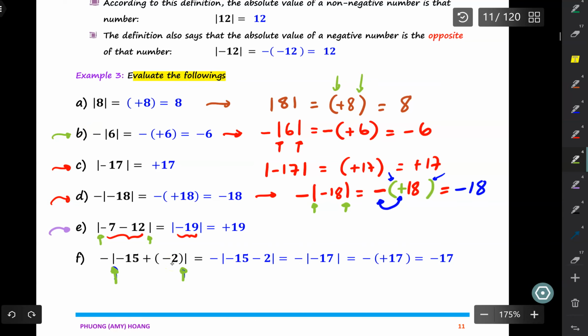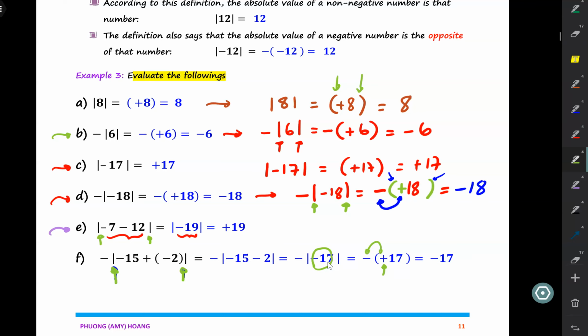What I will do is, you see, positive, negative, make it a negative 2. Or you can use a calculator. On your calculator, you key in negative 15 plus negative 2. It will give you negative 17. After I get just one single value inside this absolute value, then I can take the absolute value away, turn that into a positive value here, turn this into a normal bracket.